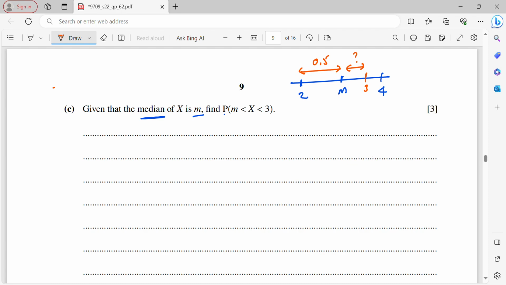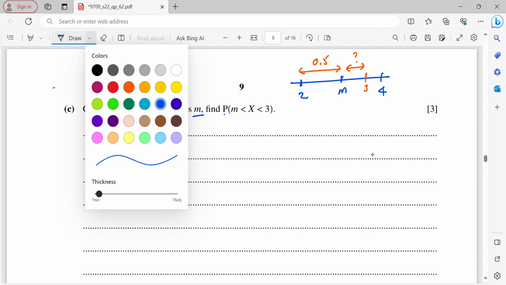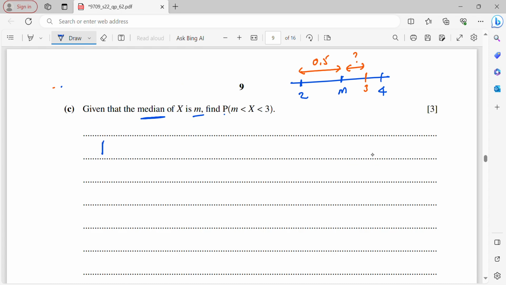Okay, so now I will say the probability that X is between m and 3 is the same as the probability of 2 to 3 minus 2 to m.